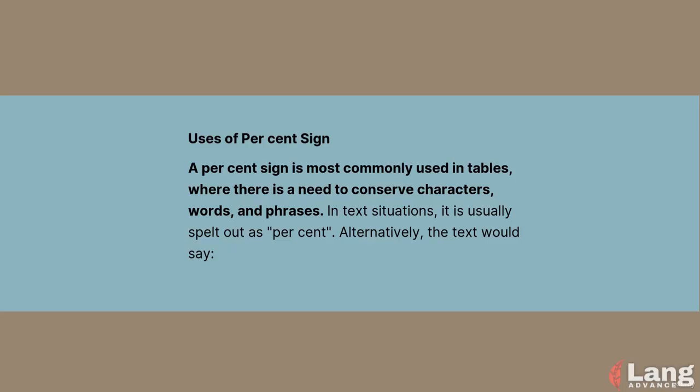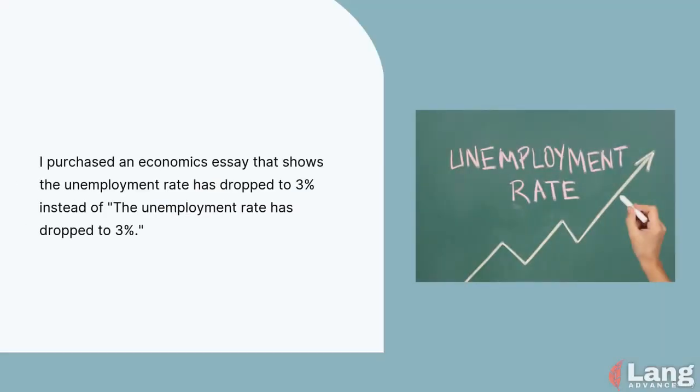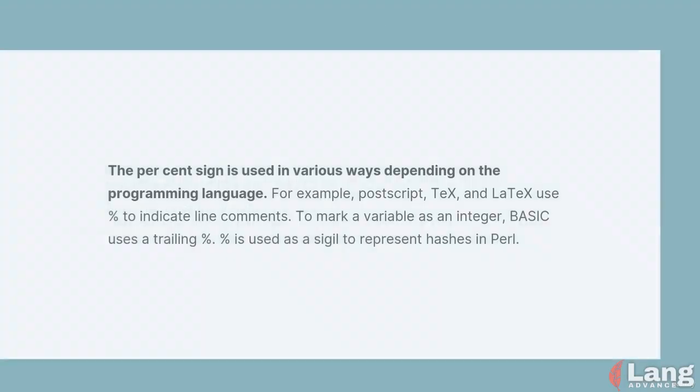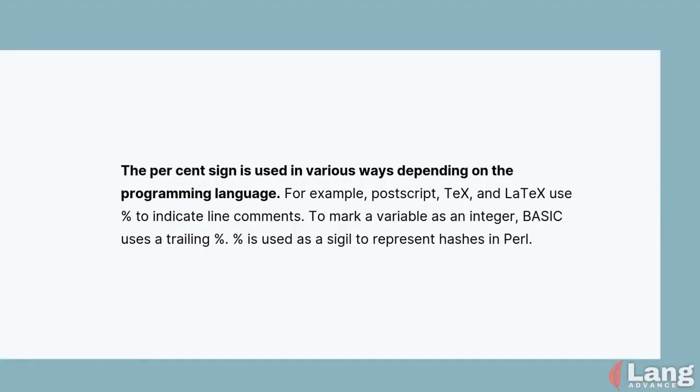Alternatively, the text would say, I purchased an economics essay that shows the unemployment rate has dropped to 3% instead of the unemployment rate has dropped to 3 percent. The percent sign is used in various ways depending on the programming language. For example, PostScript, TeX, and LaTeX use percent to indicate line comments.